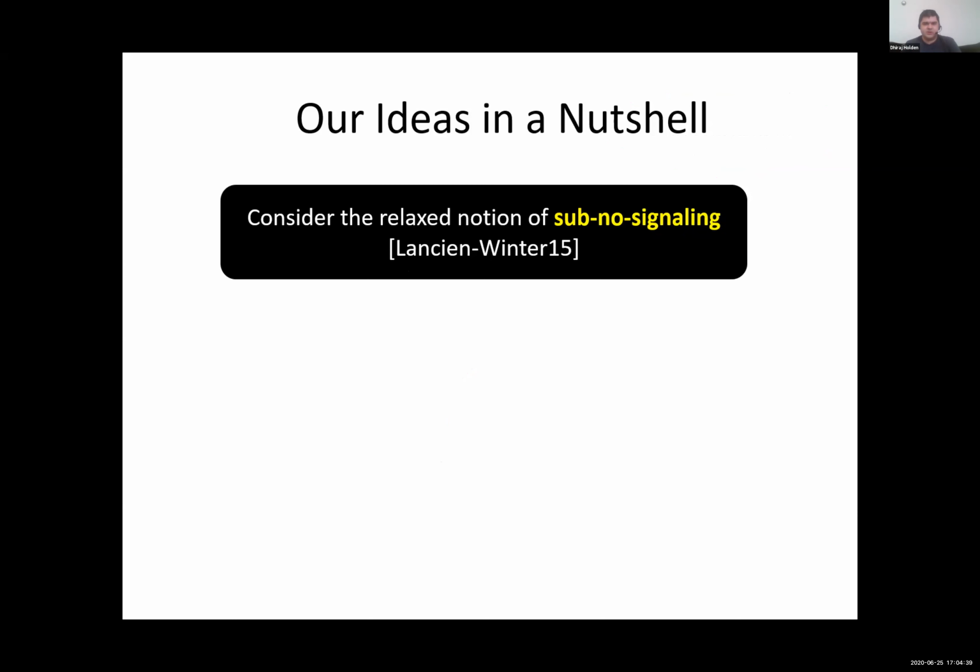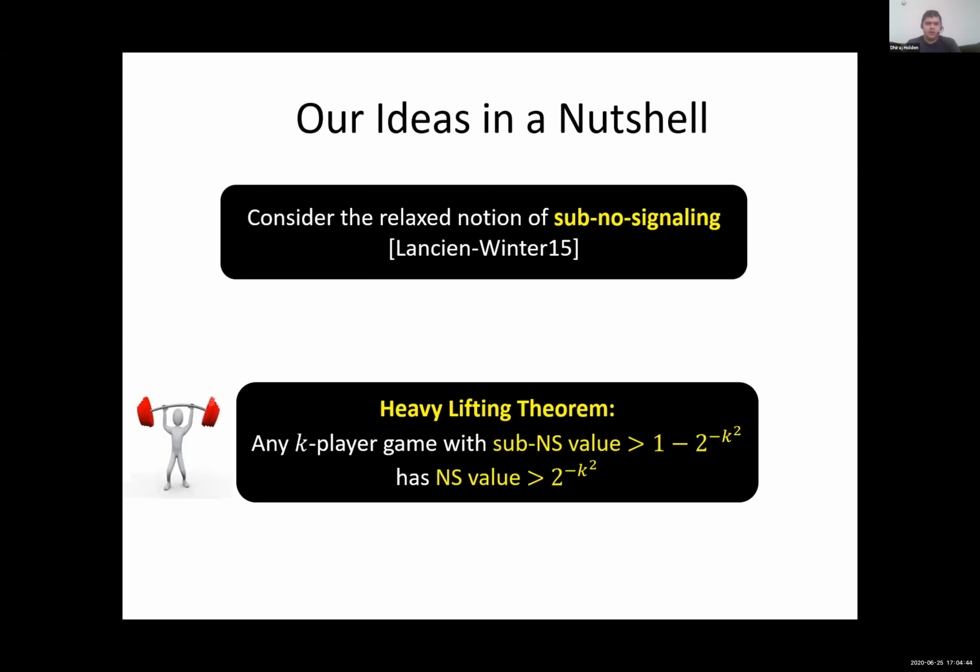We consider this notion that we call sub-non-signaling, which I'll explain. And we show that any game that has sub-non-signaling value very close to 1 also has non-signaling value that is bigger than 2 to the minus k squared.